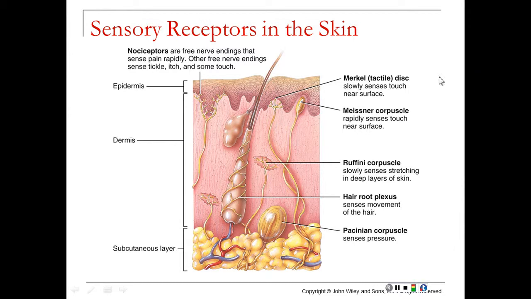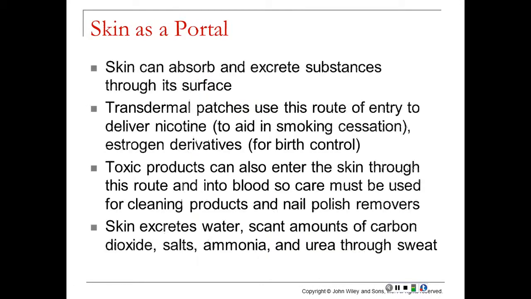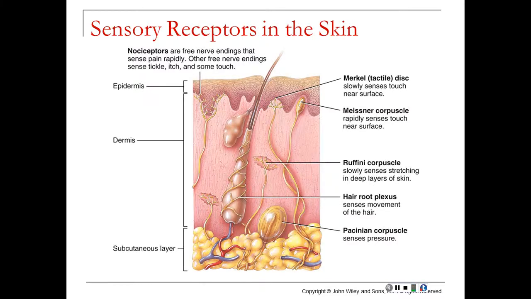The root hair plexus I mentioned before, that's if the hairs move. Imagine a breeze blowing this hair to and fro. That's going to stimulate the root hair plexus down here. And finally, the Pacinian corpuscle is going to sense deep pressure or deep touch. Something that's digging into your side, for example, would probably stimulate a Pacinian corpuscle.